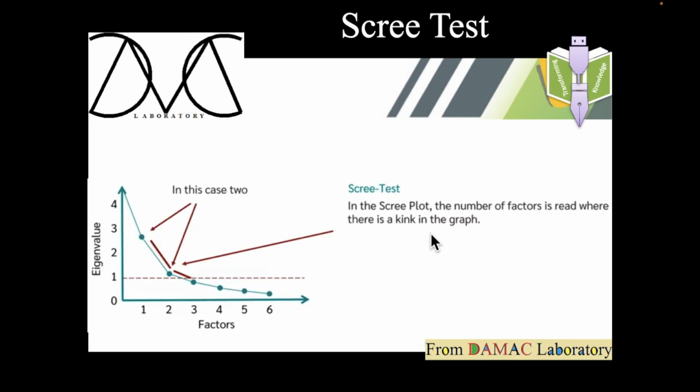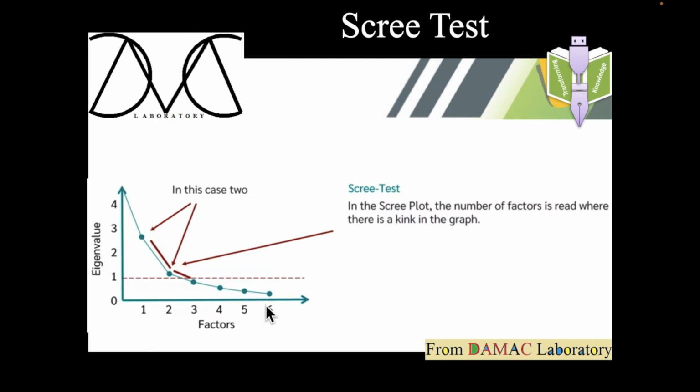Similarly, for the scree test, if you look at the plot, where there is a sharp bend or knee-like structure, you can consider that as the number of factors for that particular factor analysis. But when you plot the eigenvalues, you cannot be sure that the graph will look like this.